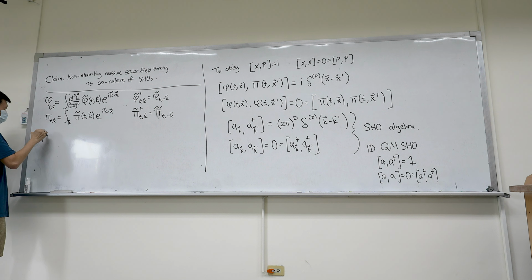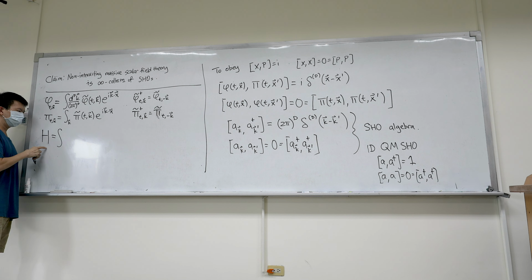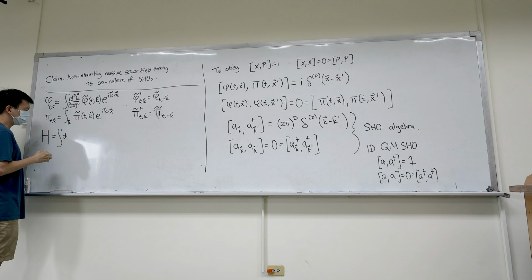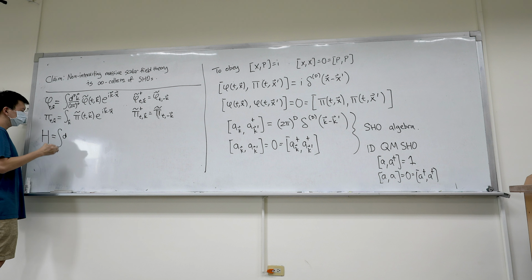What's the Hamiltonian? The Hamiltonian is the total sum over the Hamiltonian density at every position. Field theory is complicated because you have a degree of freedom at every point in space and in time.